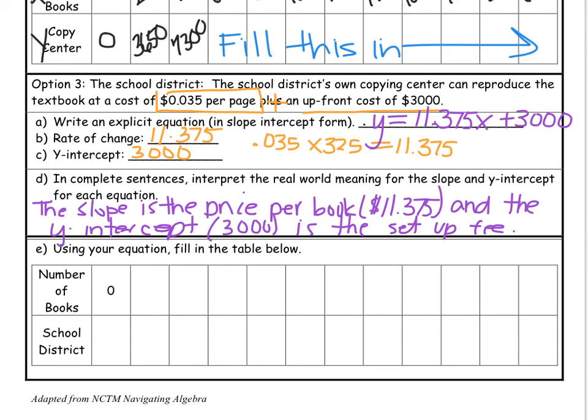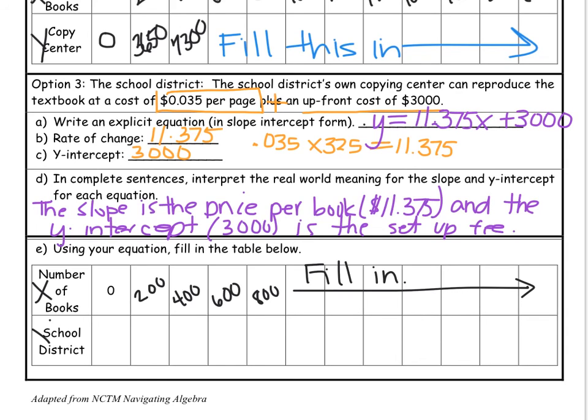So again, same table as before: 200, 400, 600, 800. You need to continue that, fill this in. X is the number of books, Y is the cost. If we don't buy any books, it's going to cost the school district $3,000 for the setup fee. If the school decides to print 200 books, it's 200 times 11.375 plus 3,000, and that's $5,275.